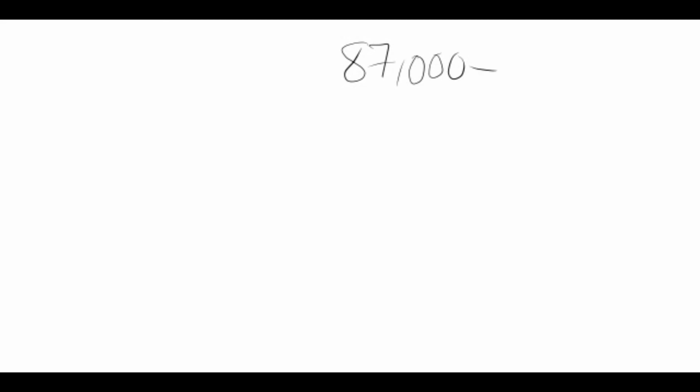So to know the remaining, we say 87,000, which was the total money to be shared, minus 32,625. So we borrow, this remains 6, this will be 9, this is 10.